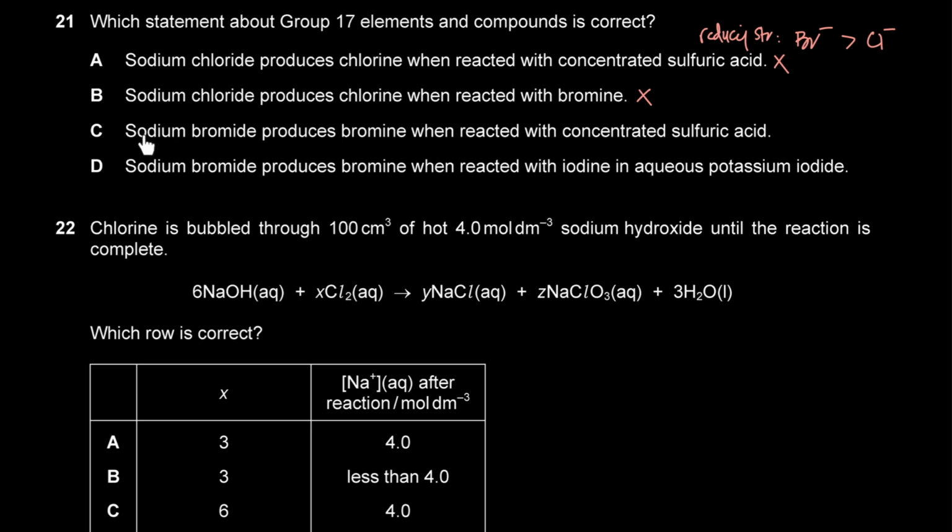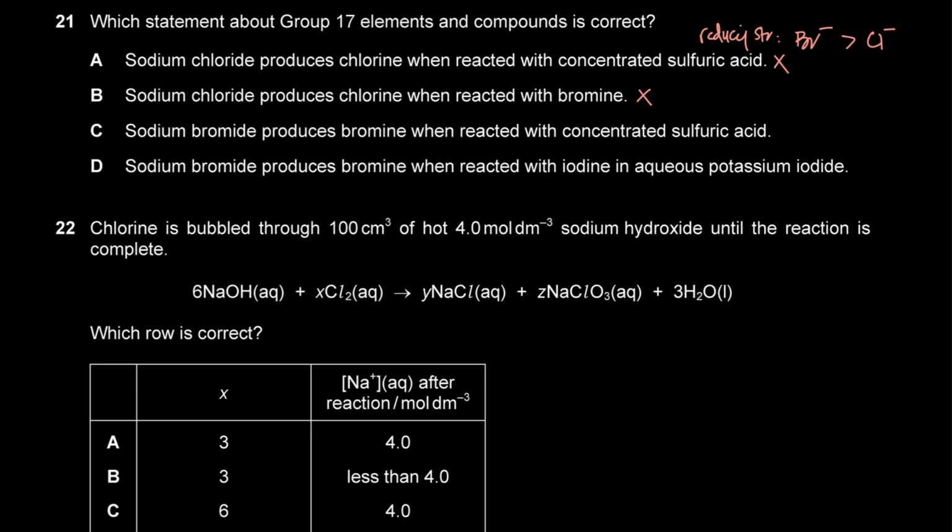C is correct. Bromide is a strong enough reducing agent to reduce concentrated sulfuric acid. Because it's a stronger reducing agent, it undergoes oxidation more easily, so it can be oxidized by concentrated sulfuric acid from bromide to bromine.